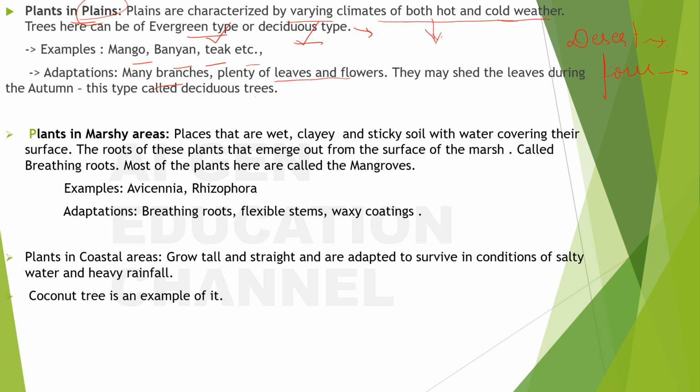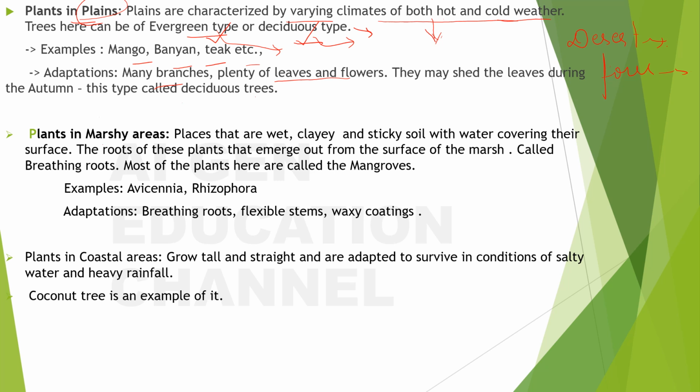Some leaves will go and some will be developing, so every time you can find that the evergreen type will have green leaves always. And in deciduous type, you can find a time where the plant or tree will be bare. So these are the adaptations. They will have many branches and plenty of leaves and flowers, right?